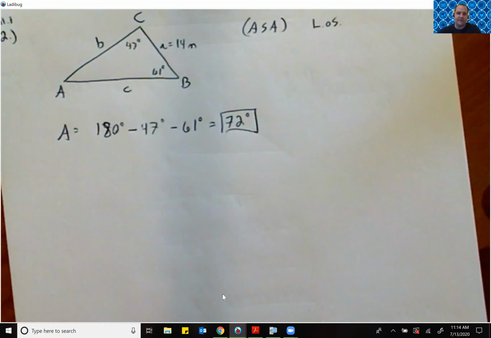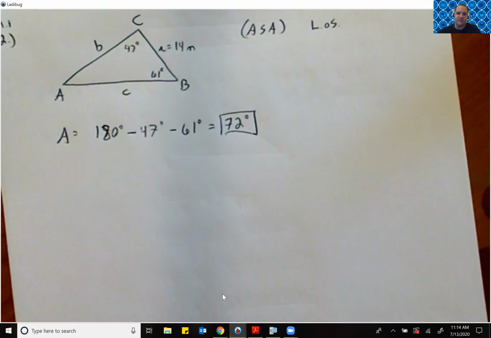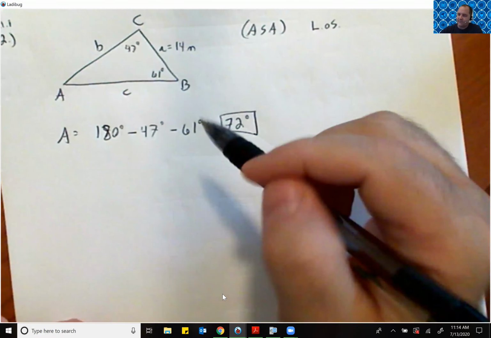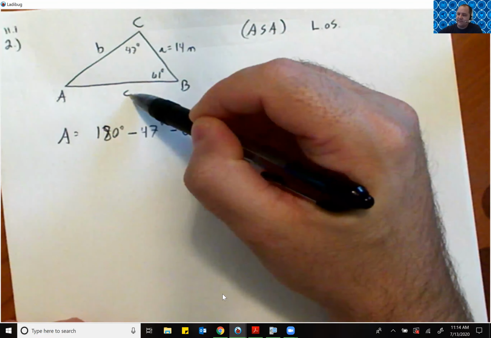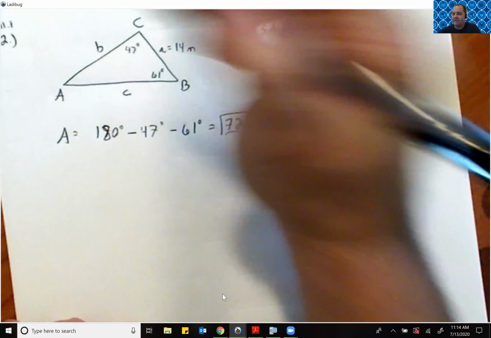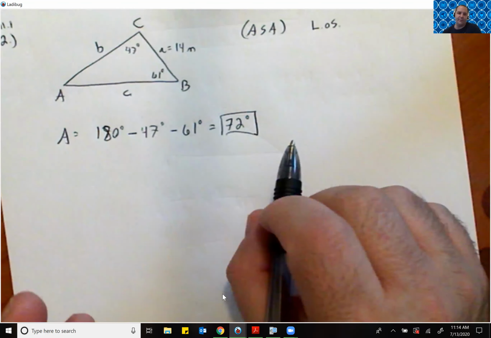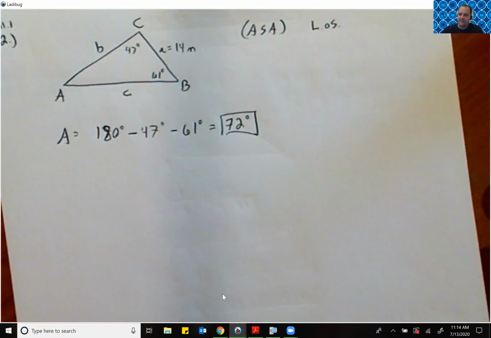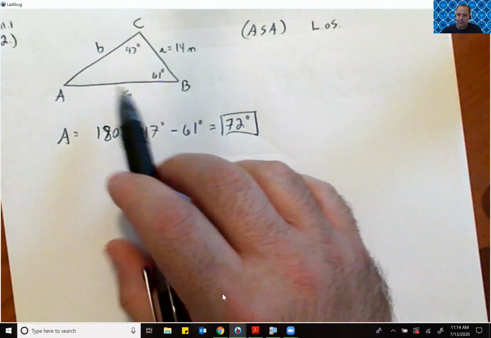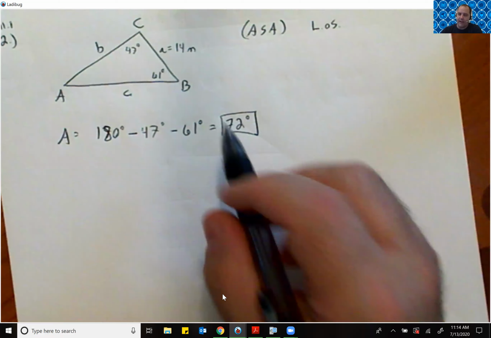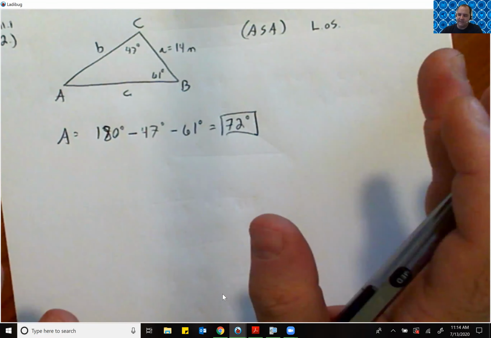Now to find the rest of the stuff, all you're going to do is set up a proportion and solve. So we now know that in order to solve for b, we can use this 72. I hesitate to use angles that we already know, but because this is a nice, neat answer, it's okay to use that. Really be wary of using rounded answers to help you find another answer where you're going to round again. That's bad math. But because this is exact, I'm okay to use this answer again.